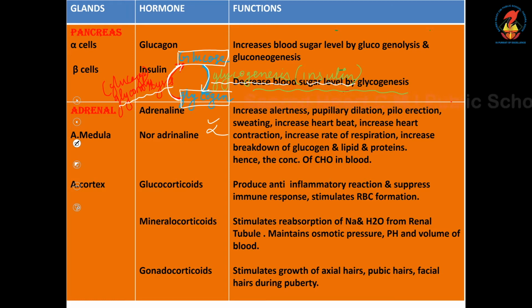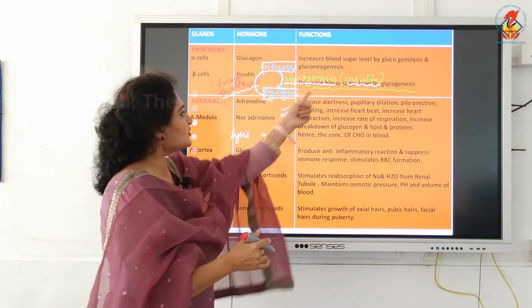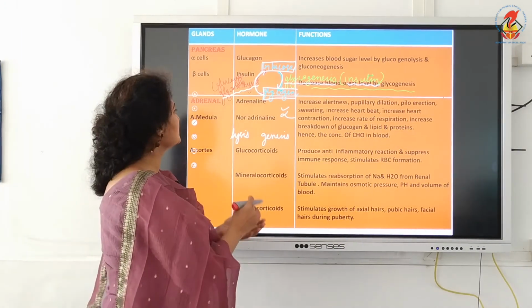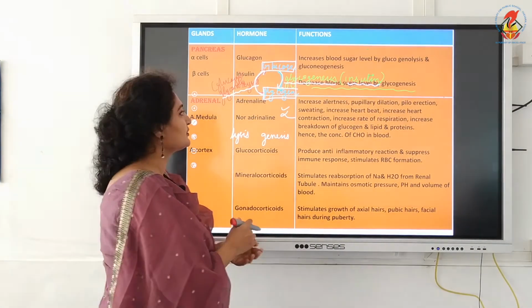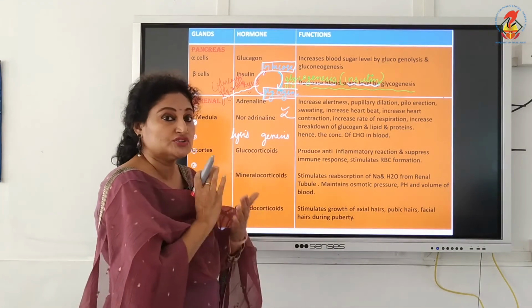So, remember the term genesis stands for building and lysis stands for breaking. For glucose to be converted to glycogen, it is glycogenesis, brought about by insulin. And for glycogen to be broken down to glucose, the glycogen should be broken down.